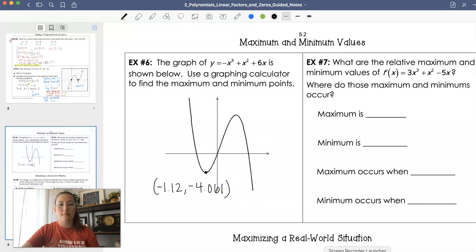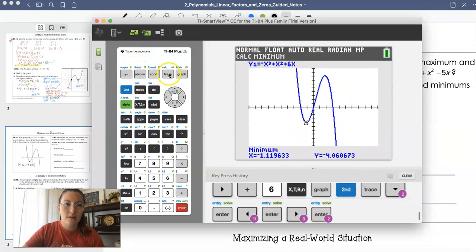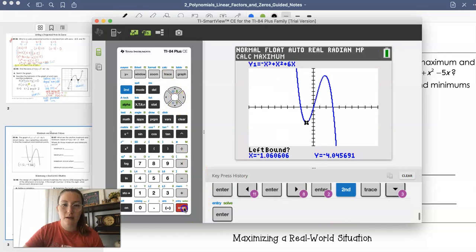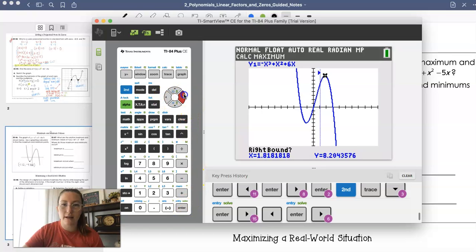Okay, now we'll go to the maximum. So back to our calculators. Now we're going to do second calculate again, or second trace. Now we want the max. Okay, so now we're to the left of the maximum, and then we'll move to the right of the maximum.